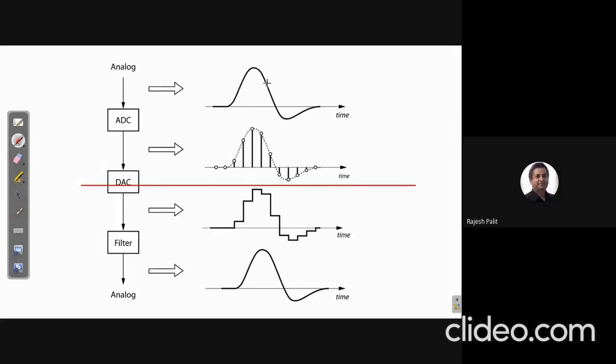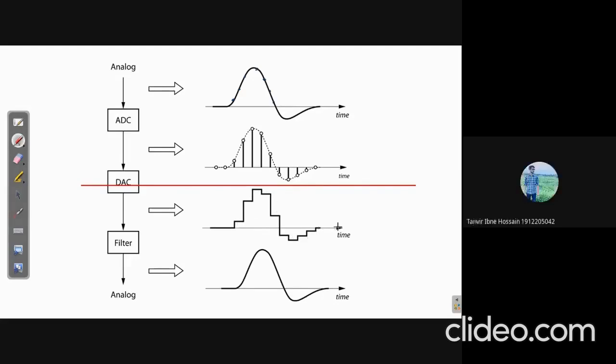Because the amplitude here is different from here. Now we take some values of amplitude at different intervals. You see the points. So at different intervals of time, we detect the amplitude of the analog signal. And then it becomes the digital data.